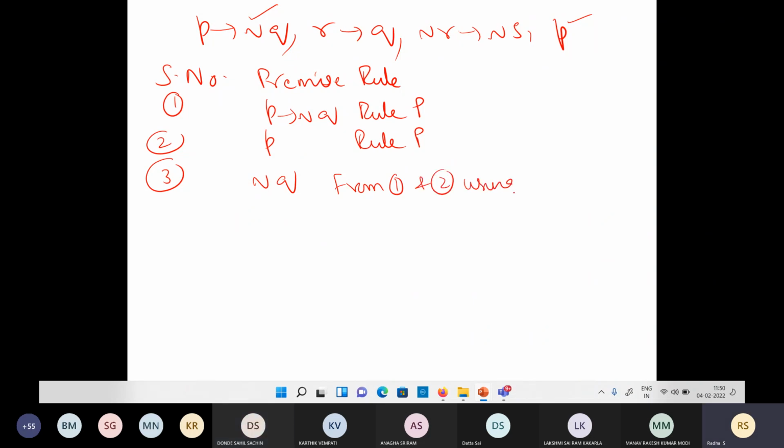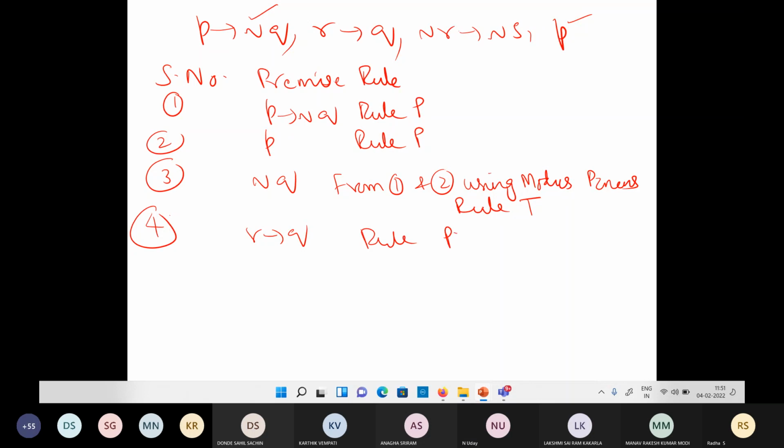Using modus ponens. One more word you can add, rule T, something you have derived newly. Then which one can you introduce? And now R tends to Q and not R tends to not S after that. First you use this. You can use these two terms. Then you can introduce them. Clear?